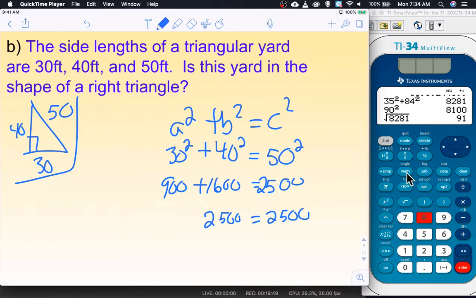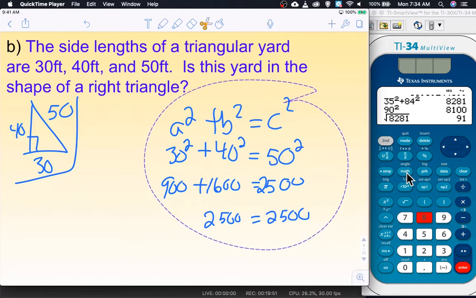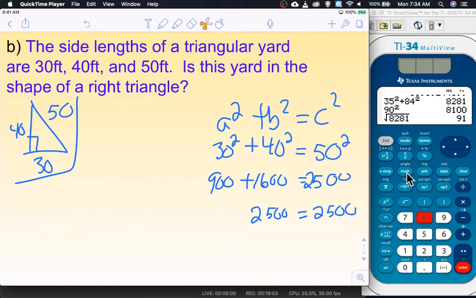There are a couple of Pythagorean triples, which are three numbers that make a right triangle in the Pythagorean Theorem. Things like 3, 4, 5 is a Pythagorean triple. 5, 12, 13 is a Pythagorean triple. Those are probably the two most common.